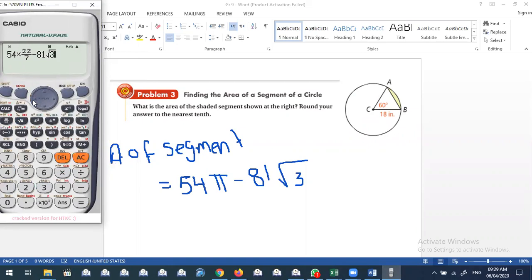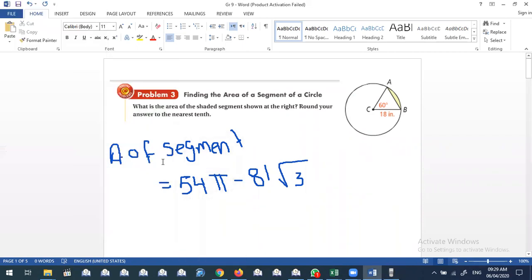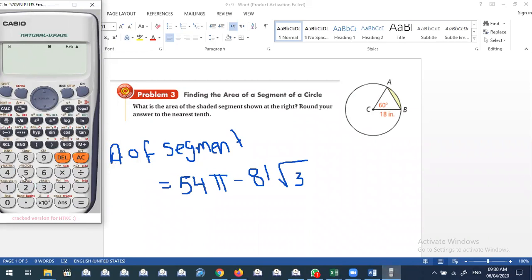So let's find each one individually. 54 times 22 over 7. So keep it like that, no problem. Don't substitute by pi. You can keep it like that if the answer is so big. But here he needs to round the answer to the nearest tenth. So we have to find it.